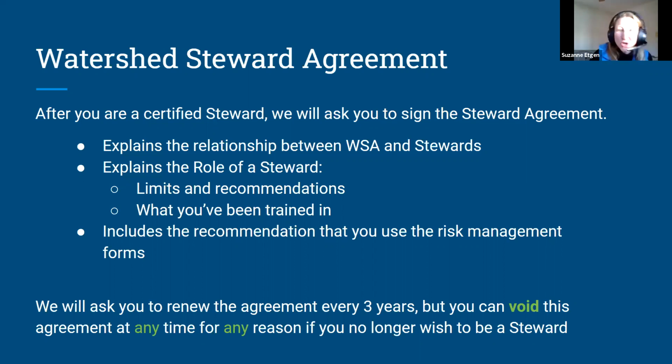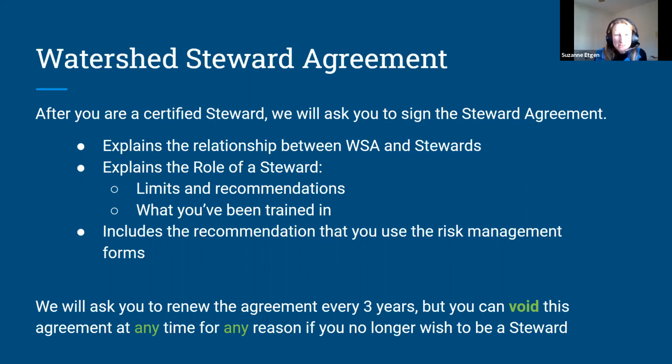Okay, so you've just been through the Watershed Stewards Academy course, and you're about to do your capstone project. When your capstone project's done, you will be an official certified watershed steward. And what we have, which is currently under review and getting revised, is a little agreement that outlines your role as a watershed steward and your relationship to WSA.